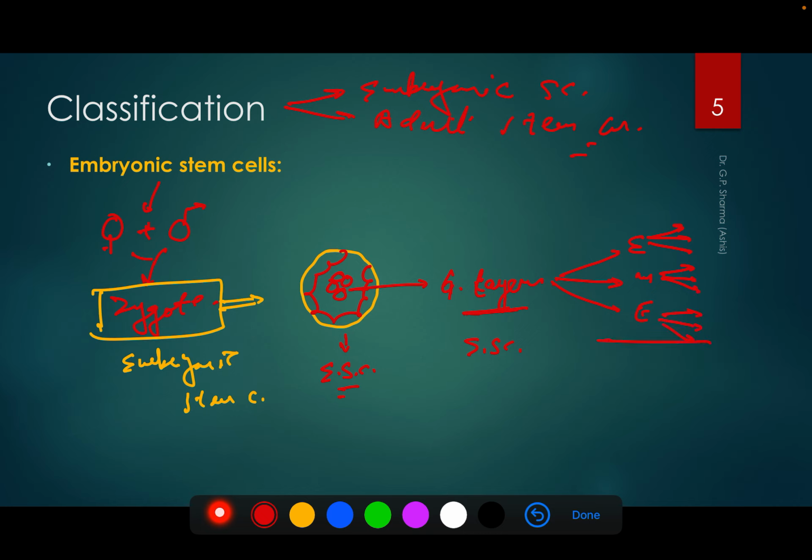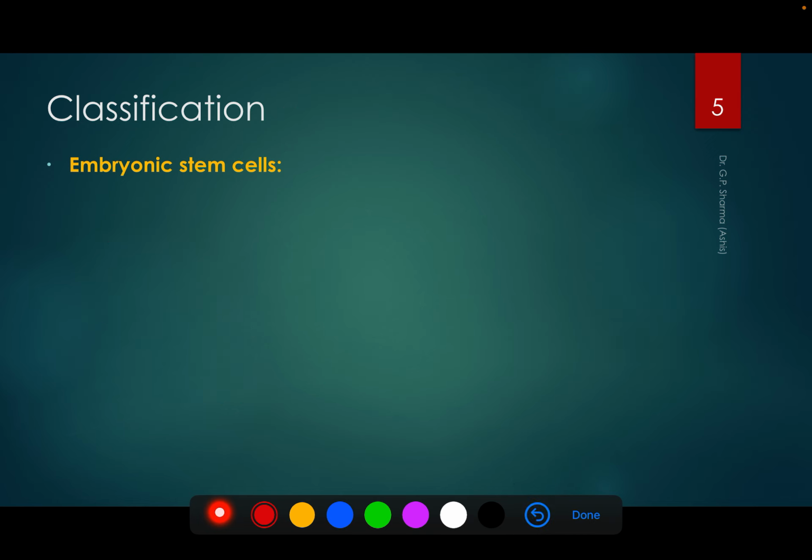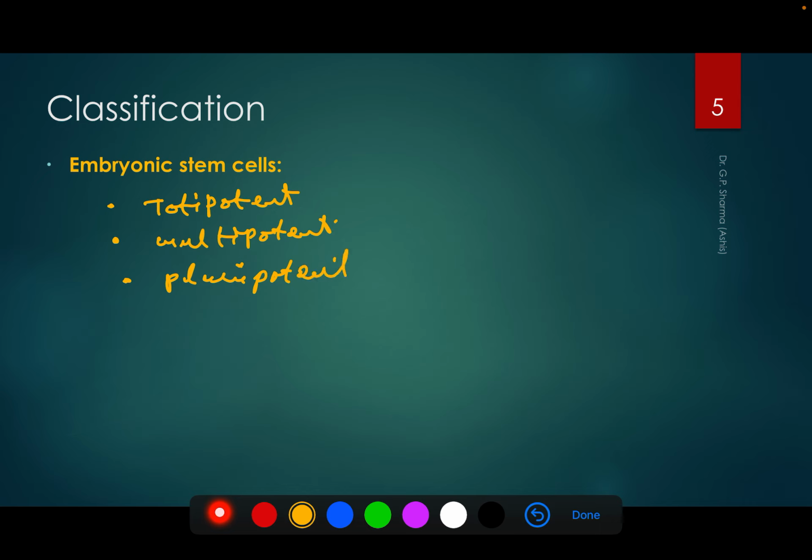So these all are the embryonic stem cells. These embryonic stem cells have some properties. Either they are totipotent, or they are multipotent, or they are pluripotent. What are those? We will discuss.